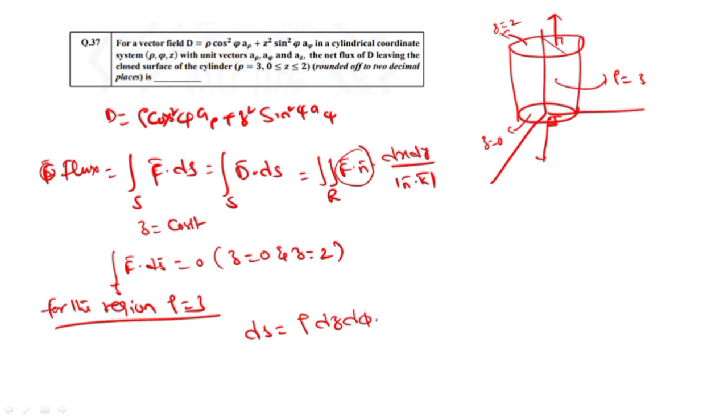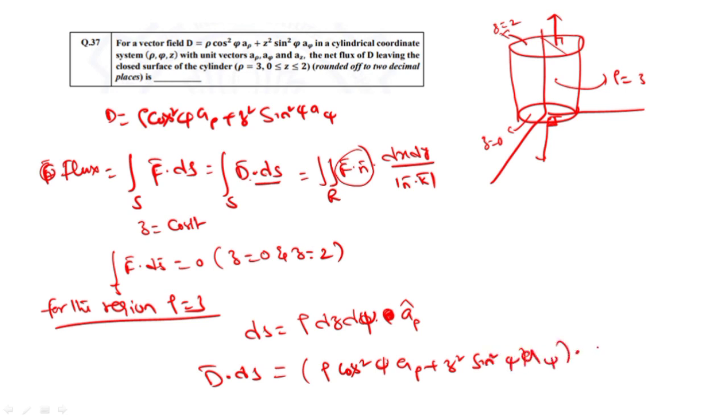Along the direction of a rho. That's why D bar dot ds bar will be: D bar we have rho cos square xi a rho plus z square sin square xi a xi, dot product with rho dz d xi a rho.